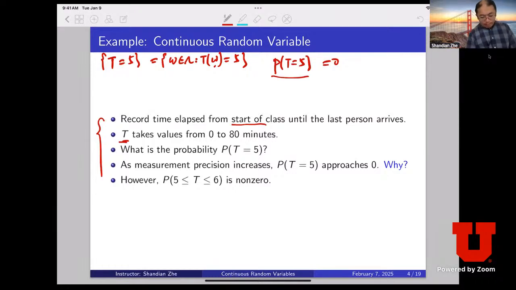So if we consider the measurement of t, the time, consider using different watches to look at time. We can start with a very rough watch, meaning that it can only count per minute.